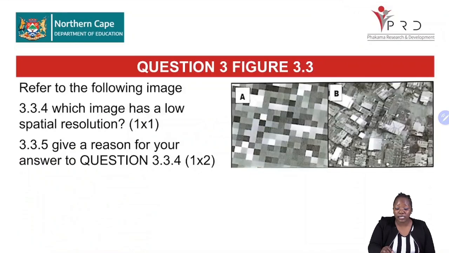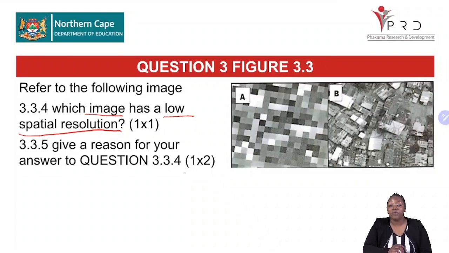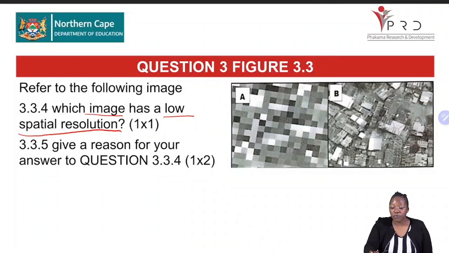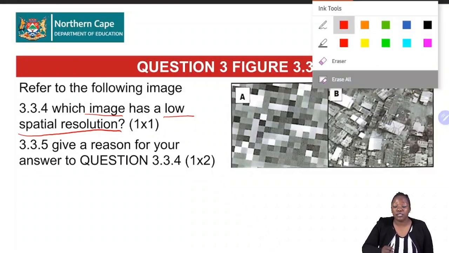Remember, the question is asking about the image with a low spatial resolution, and then you give a reason. So I'm going to give you 3 minutes. 1 minute to identify the picture with the low spatial resolution, and then 2 minutes to give your reason. And then after that, we proceed to the corrections.